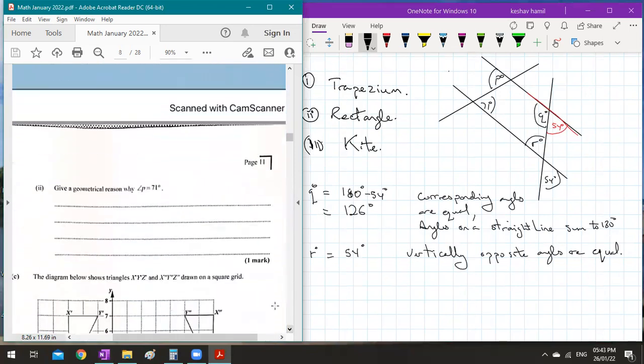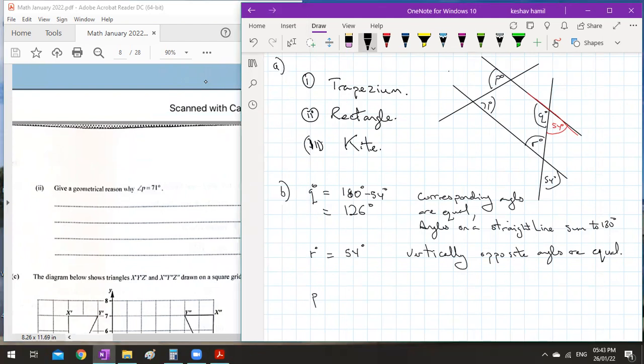This is the last one they will ask us here. Give a geometrical reason why the angle at P is equal to 71. Now, the reason why angle at P is 71 is because it forms a Z shape. And these are called alternate angles, and alternate angles are equal.